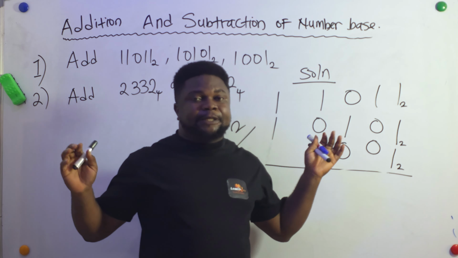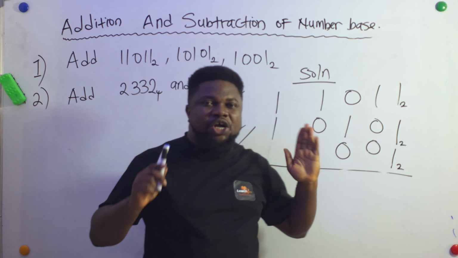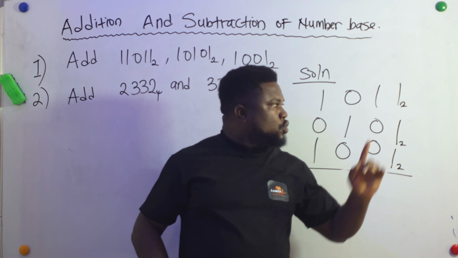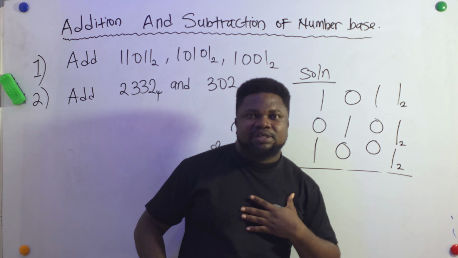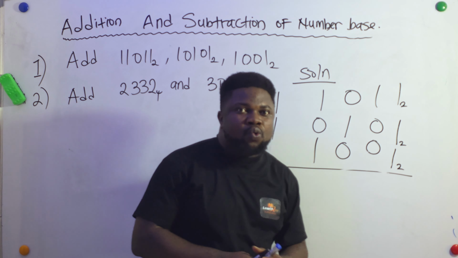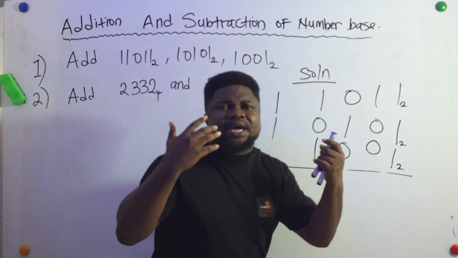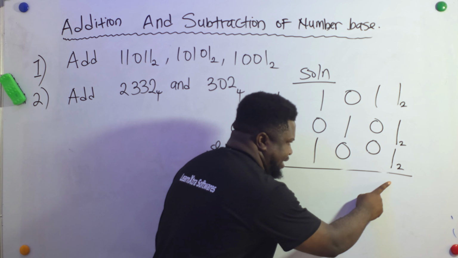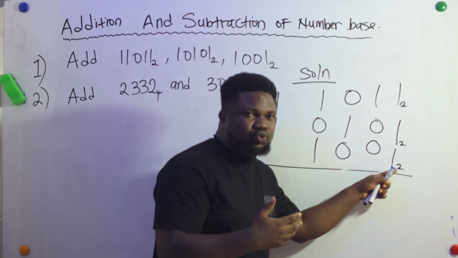Now, normally, in normal mathematics, 1 plus 1 plus 1, I know that adding this together will give us 3. But we are not allowed to place 3 here, because 3 is not below 2.